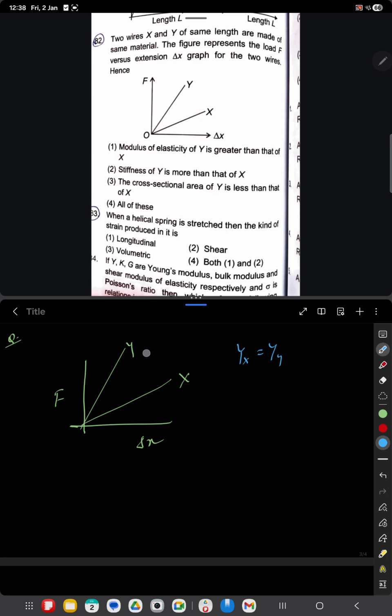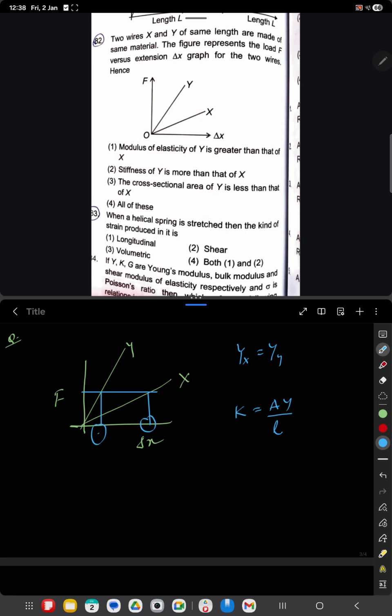So this slope gives you the value of k is equal to AY by L, as they are having same length. And for same force, extension in y is lesser than extension in x.